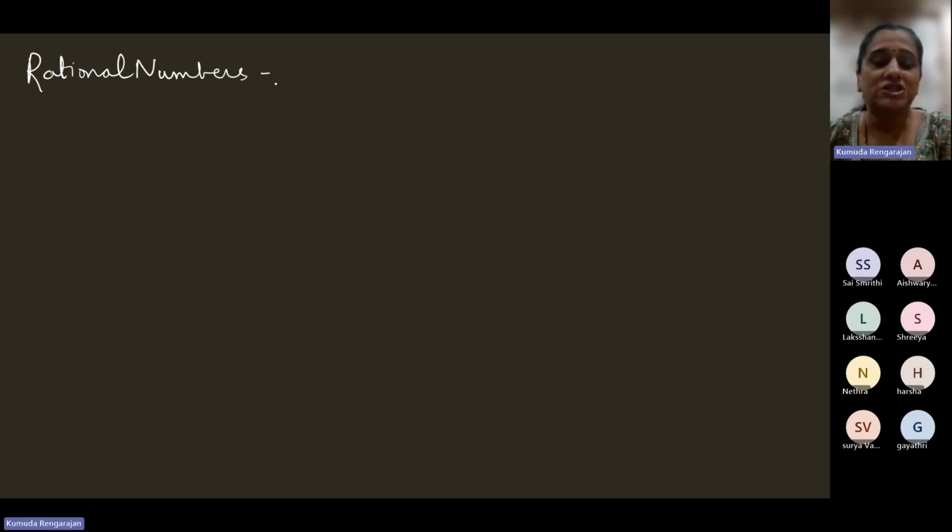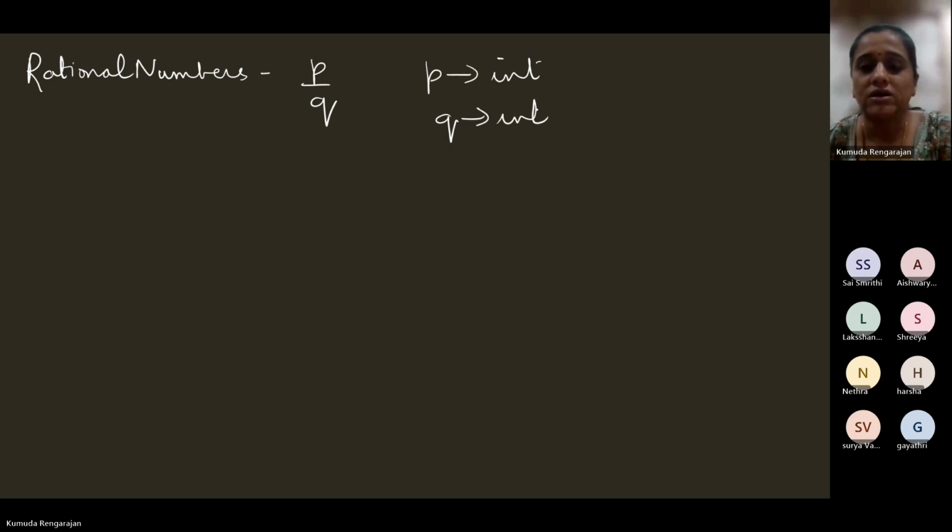So what do we mean by rational numbers? Numbers of the form P by Q, where P and Q are integers, but the denominator Q should not be equal to 0, is called a rational number.